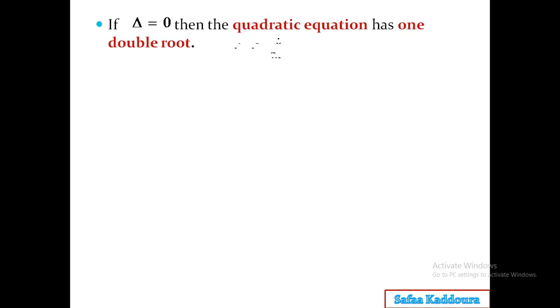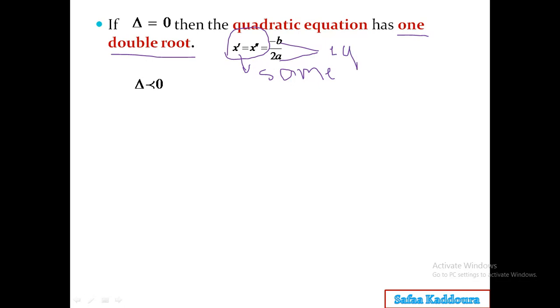Now if delta is equal to 0, we have one double root. We know now that we only have a double root. What is this double root? First, x prime equals x double prime, because they are the same, and the rule of this root is minus b over 2a, and you get a and b from the equation directly.